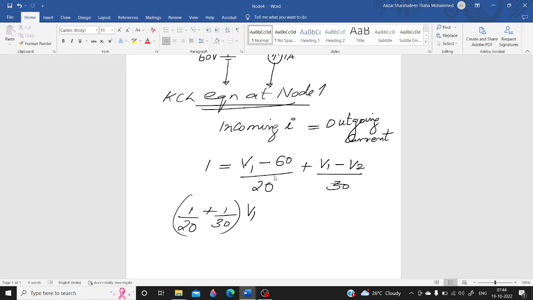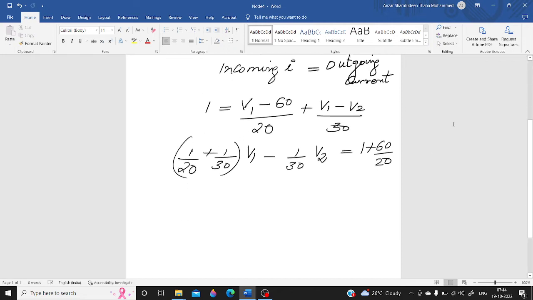And now taking the coefficient of V2, minus 1 by 30 V2, is equal to 1, and I am taking the minus 60 by 20 onto the other side. So this becomes 1 plus 60 by 20.